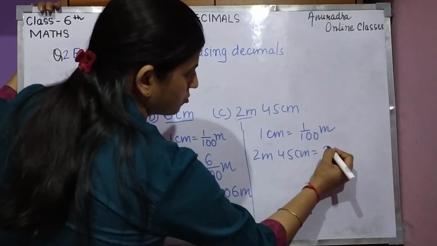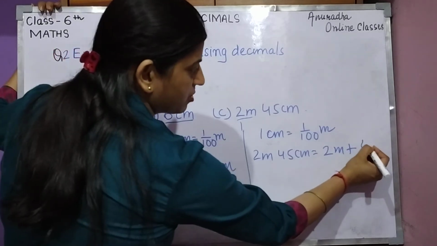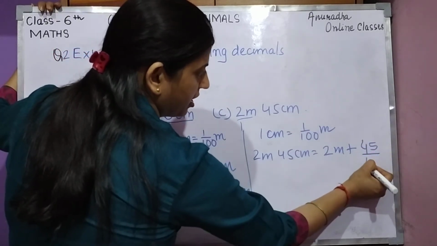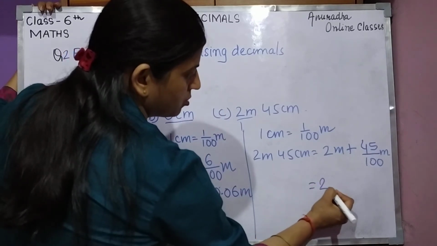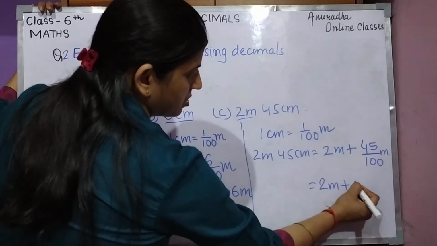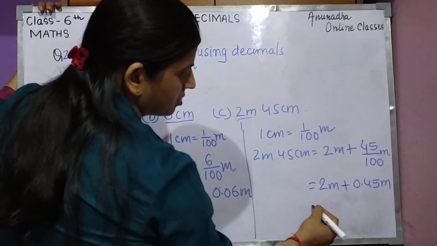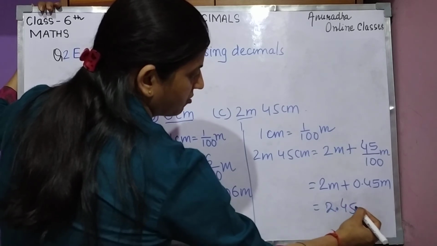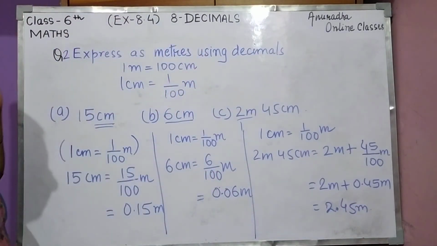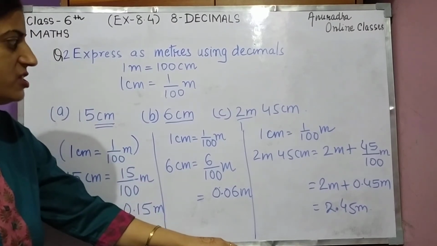This is equal to 2 meter plus, अब सेंटीमीटर में जो है उसको हमने कन्वर्ट करना है, 0.45 meter. This is equal to 2.45 meter, right? So children, in this way you have to do the questions.